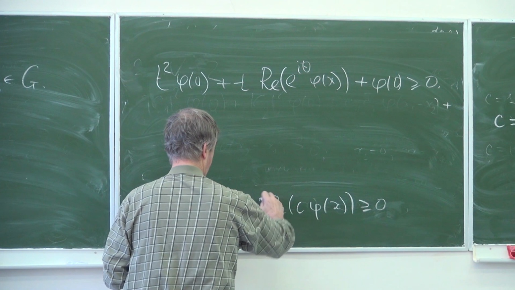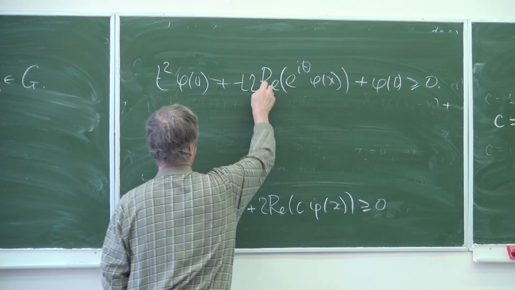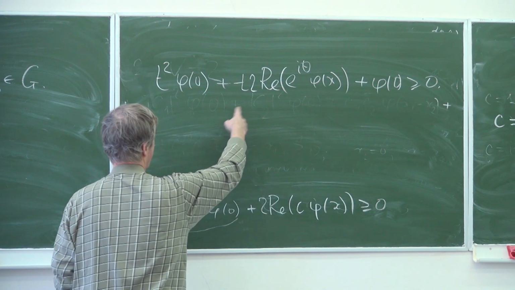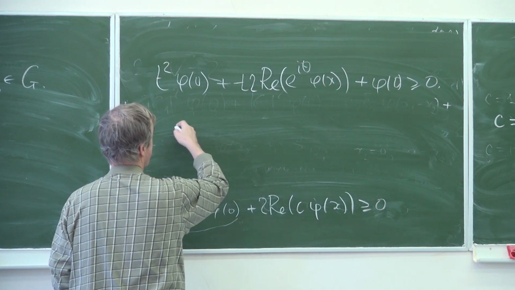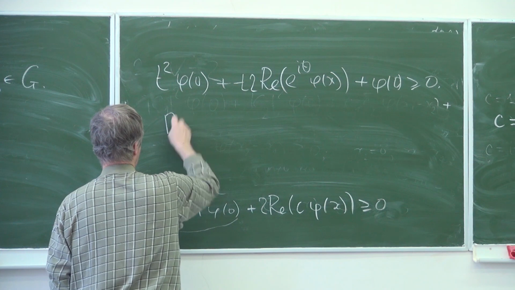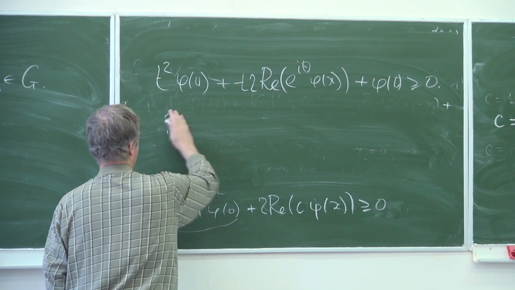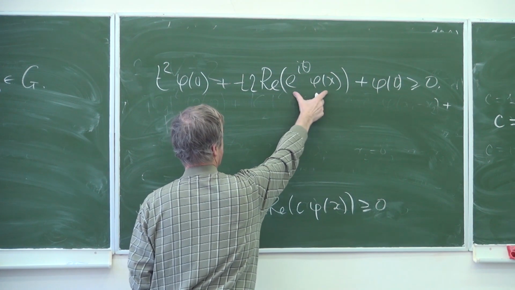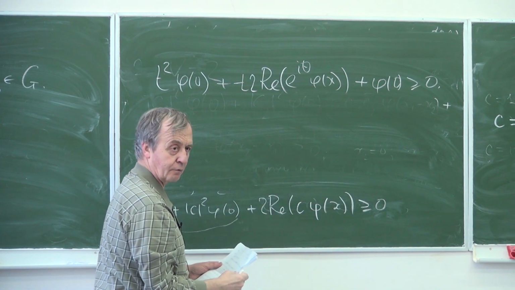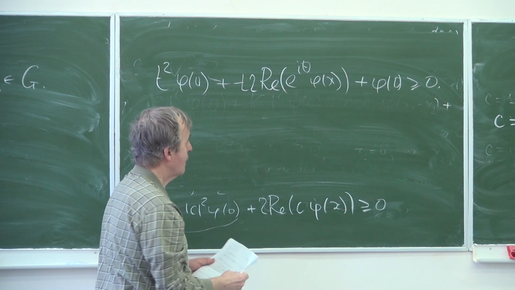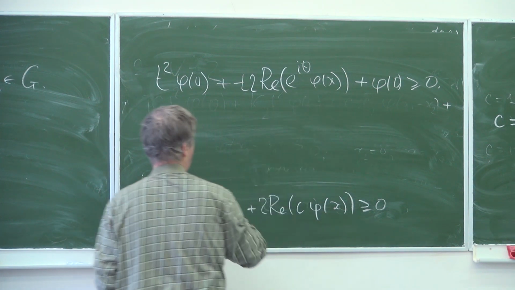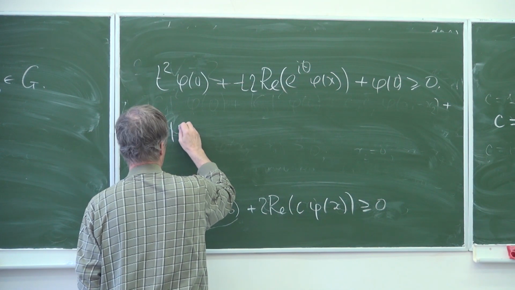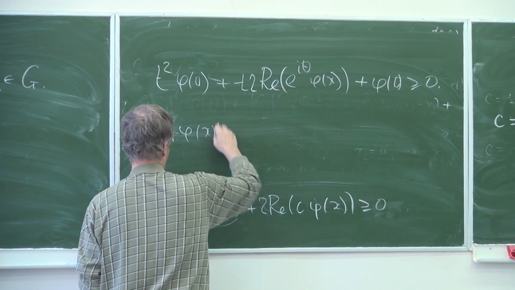And the discriminant divided by 4 is, for this theta, I can choose it so that this guy is equal to the absolute value of phi of x, of course. So let's choose it in this way, and then we obtain the following thing.